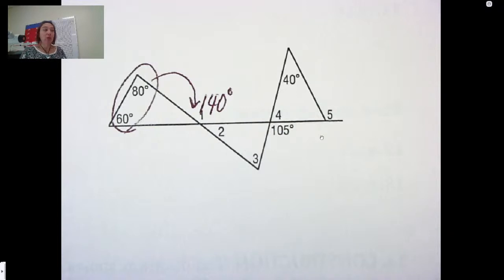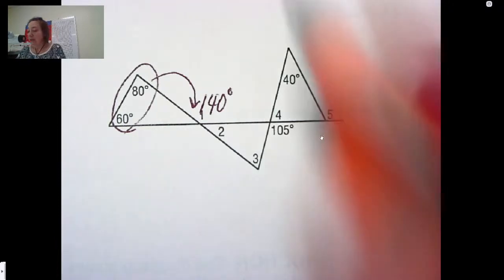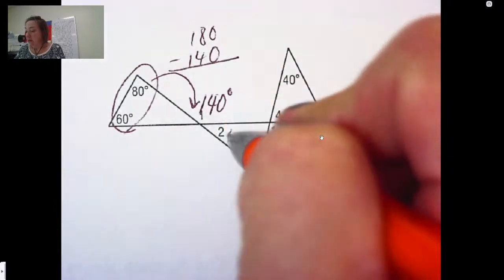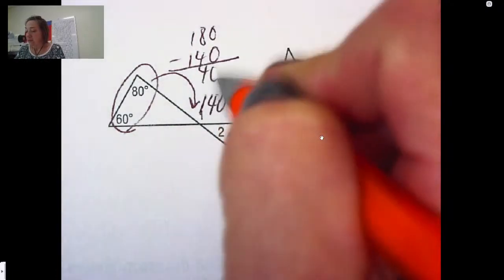Because what do we know about angle 1 and angle 2? They're not the same. They are different. What about them is different, though? What's their relationship to each other? They make 180. So if we do 180 minus 140, then angle 2 is 40 degrees. Right?